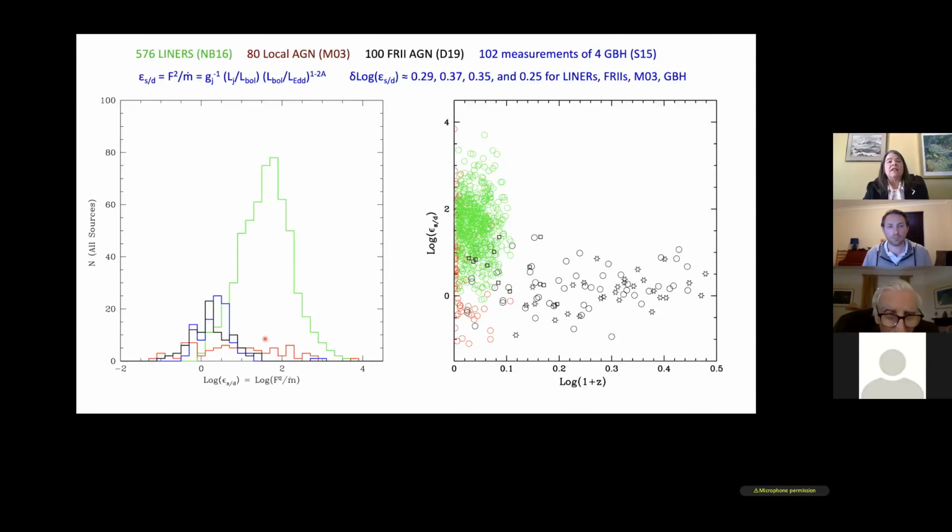Interestingly, as I showed earlier, this efficiency factor that measures the impact of the spin on Lj to the mass accretion rate is really reflected in Lj over L bol.